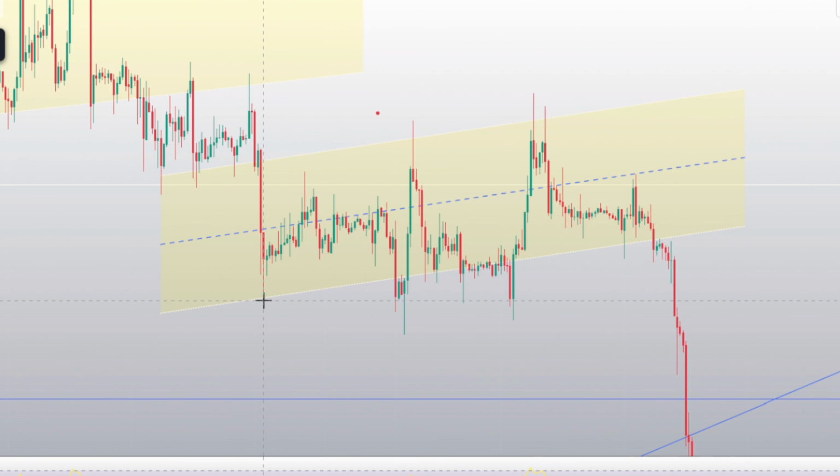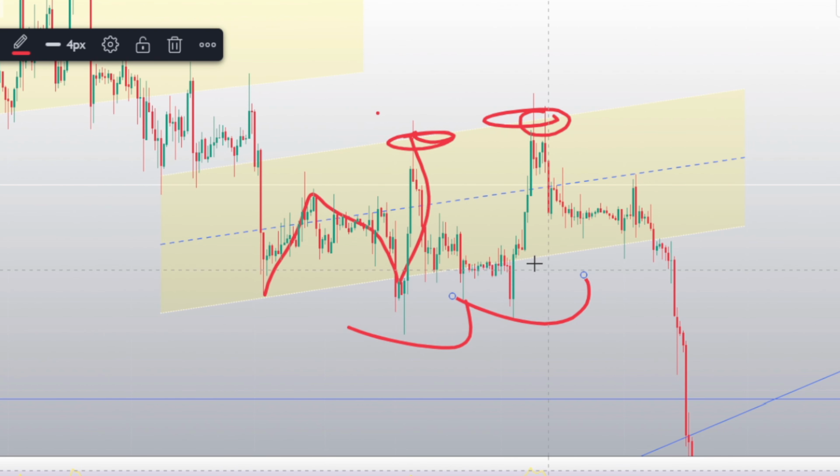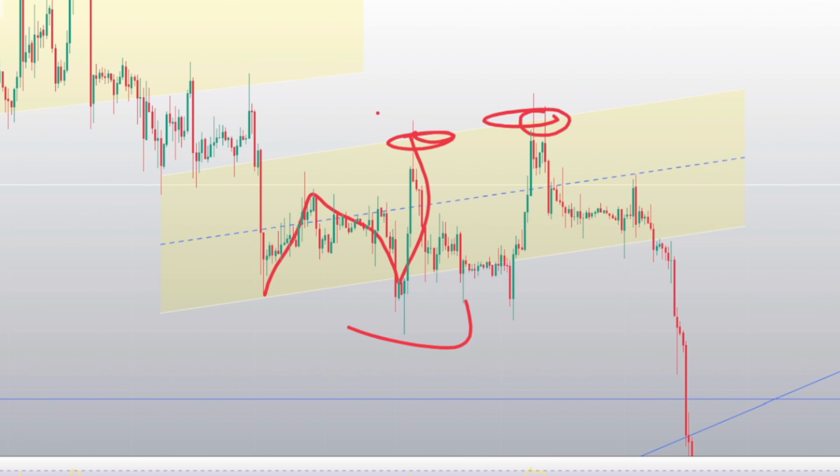Support, resistance, support, testing this wick here. Beautiful. You see that? All those fake outs going back into the channel also give you an indication that price action in the short term will be going up.